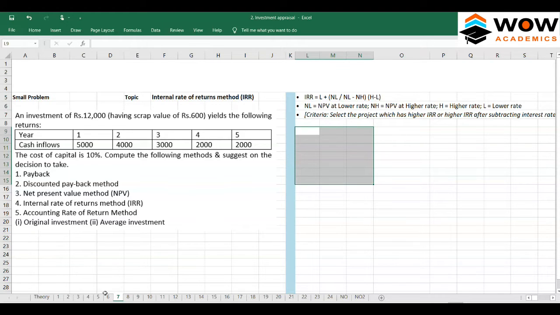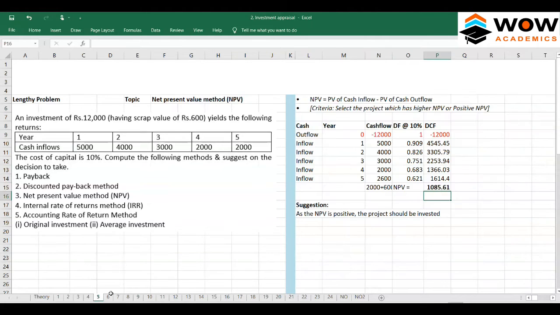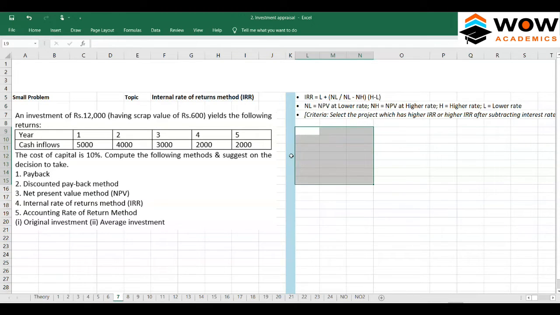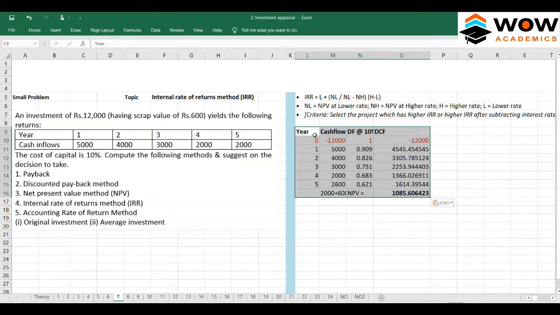We have the numbers, so we will just take the numbers and use them.